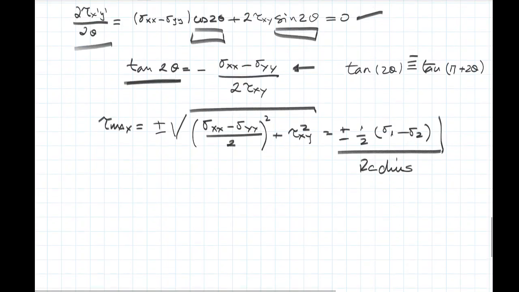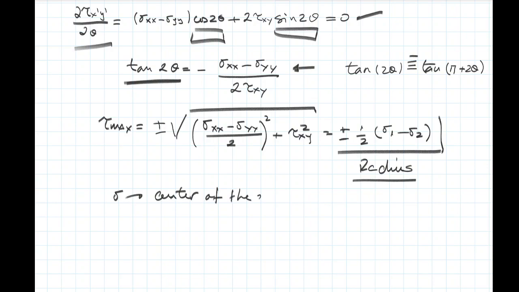Meaning that if this is the radius of the Mohr circle, then the center of the circle is going to be located at a distance, of course, in the axis related to the normal stresses. Center of the circle is going to be equal to 1/2 of the sum of the stresses in the element.